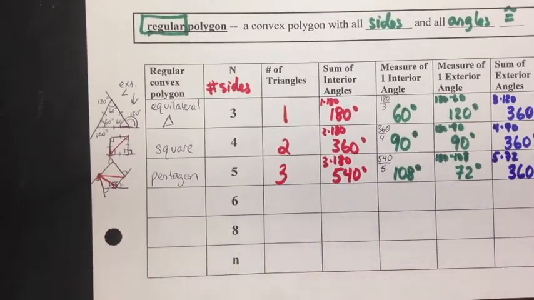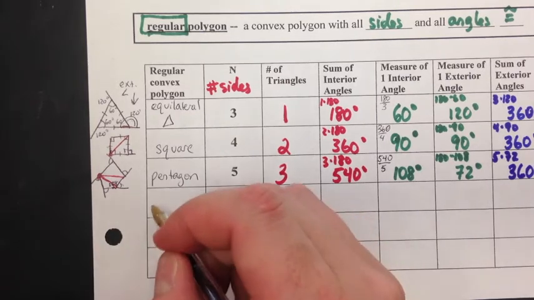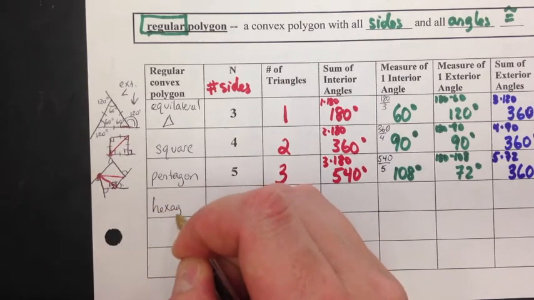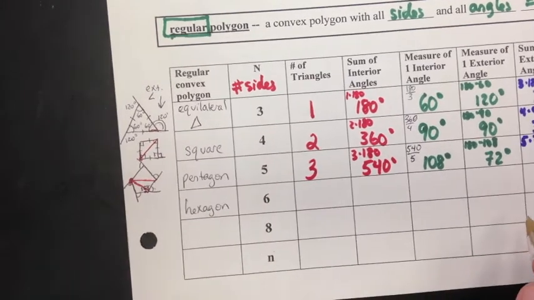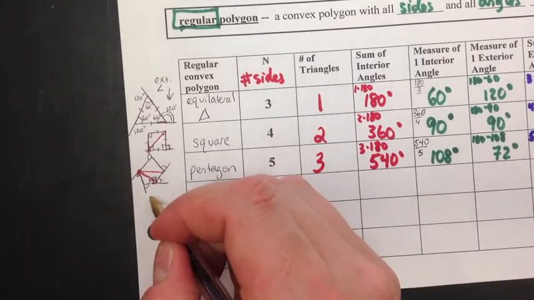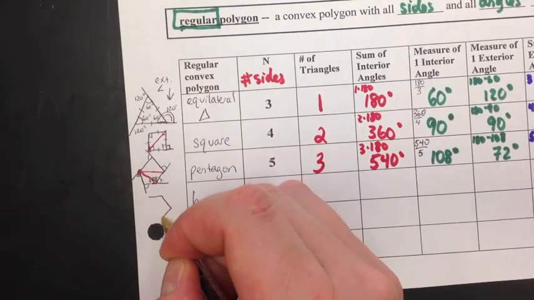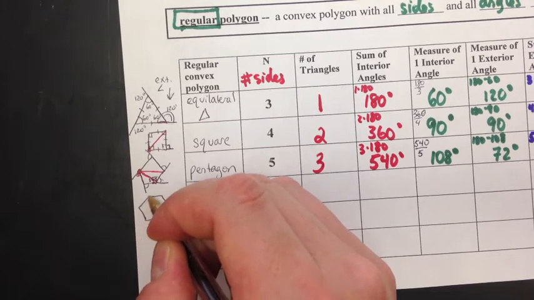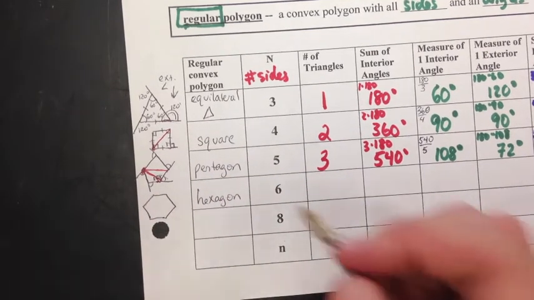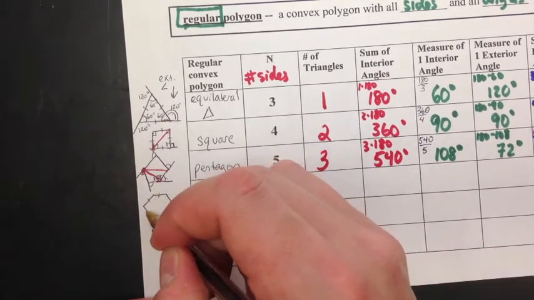Let's go ahead and do the next one, which is a hexagon, and see if this continues. 6 sides is what we call a hexagon. Now a hexagon is kind of like if you've ever seen a honeycomb, a beehive. It looks like that, 6 sides. Now remember, they're all congruent.